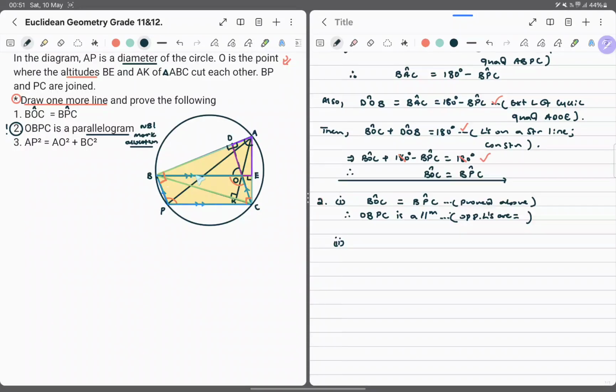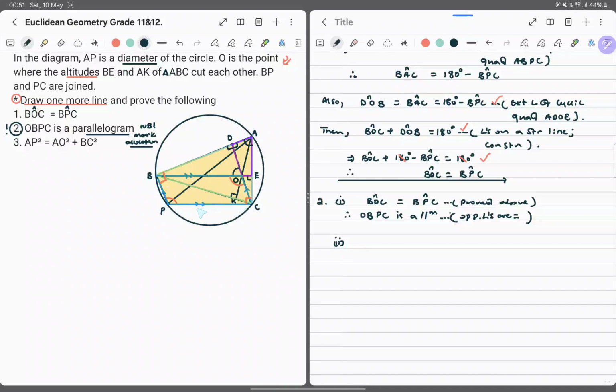So I think what we need to prove is the parallelity of these two opposite sides. Because once we prove the parallelity, we are good. Of course, we were given this is 90 degrees. We know this is the angle in a semicircle with AP as a diameter. So literally these two lines, the co-interior angles are supplementary.